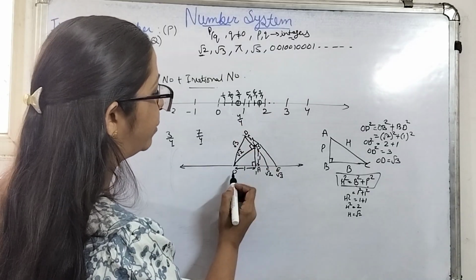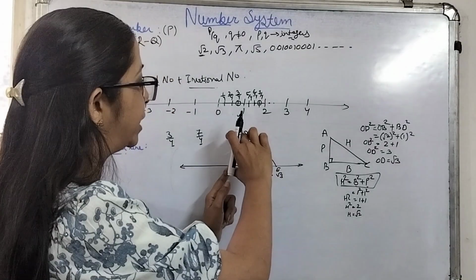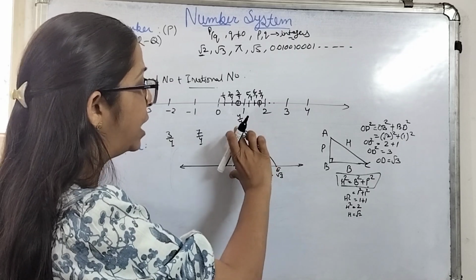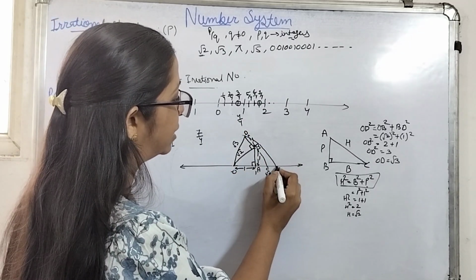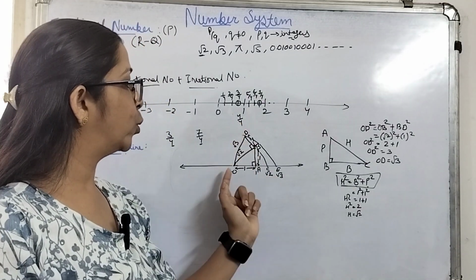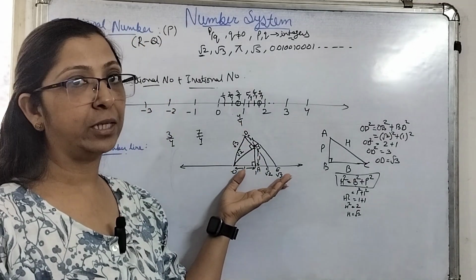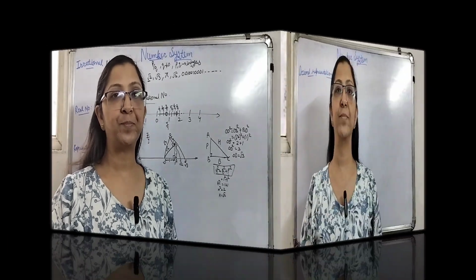That means OD will be equivalent to OE also. We have drawn an arc on the number line which is going to intersect the number line at point E. So OE will be equivalent to OD, that is root of 3. This is how we can represent it on the number line.